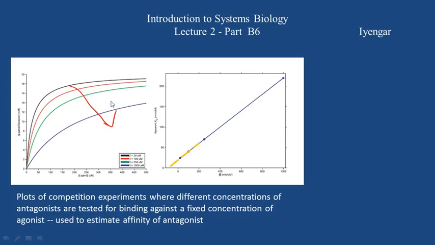From calculating the apparent affinity constant for the receptor of the labeled ligand in the presence of excess unlabeled comparator, one can get a series of affinity values or observed KD values, and these can be plotted as a function of the concentration of the competing ligand, and this plot on the right hand side, when extrapolated down to the ligand concentration axis, gives you the relative affinity or the affinity of the receptor for the antagonist.